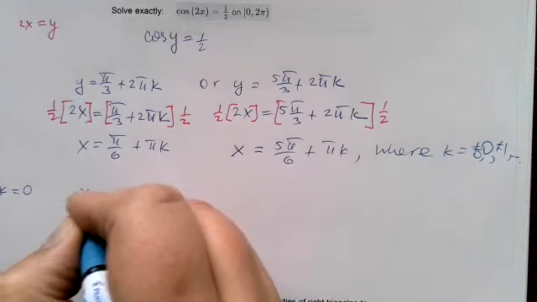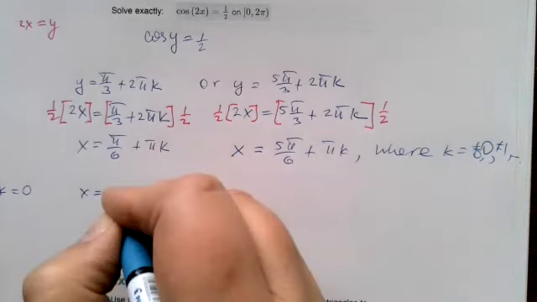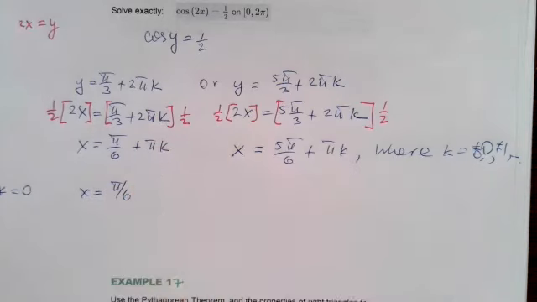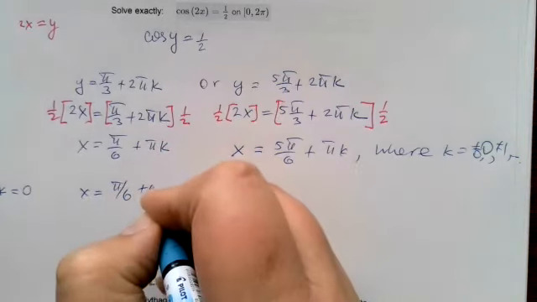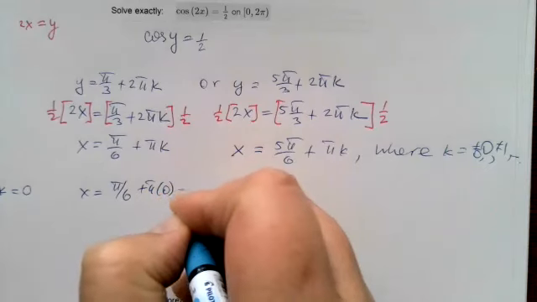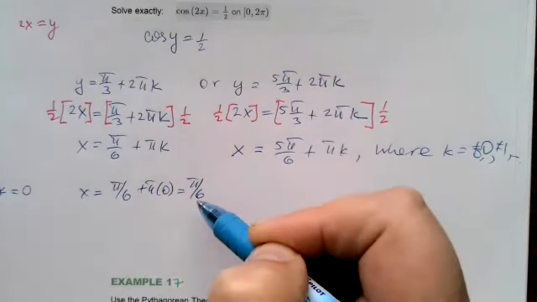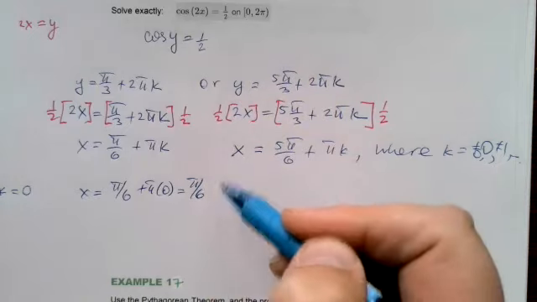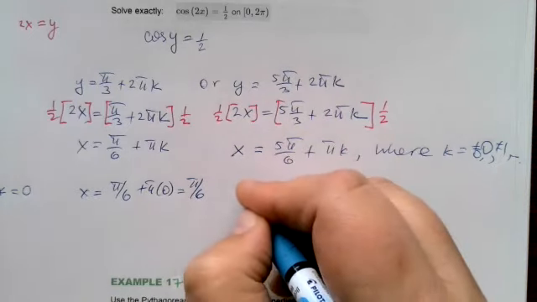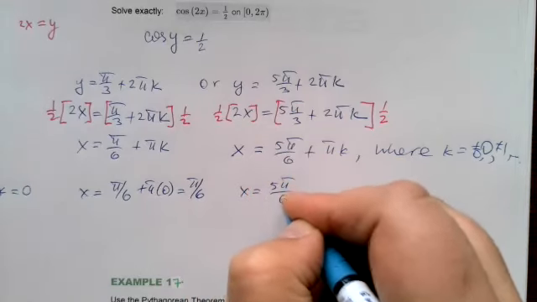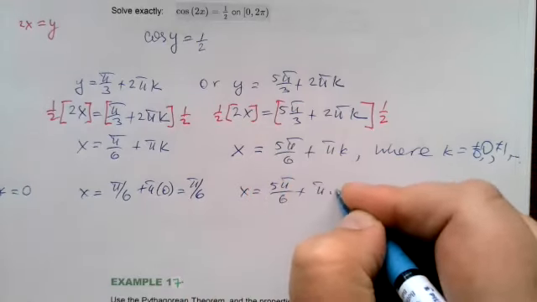So x is going to be pi over 6 plus pi times 0, which is just pi over 6. So this satisfies. Now, what about this one? Here we have 5 pi over 6 plus pi times 0.